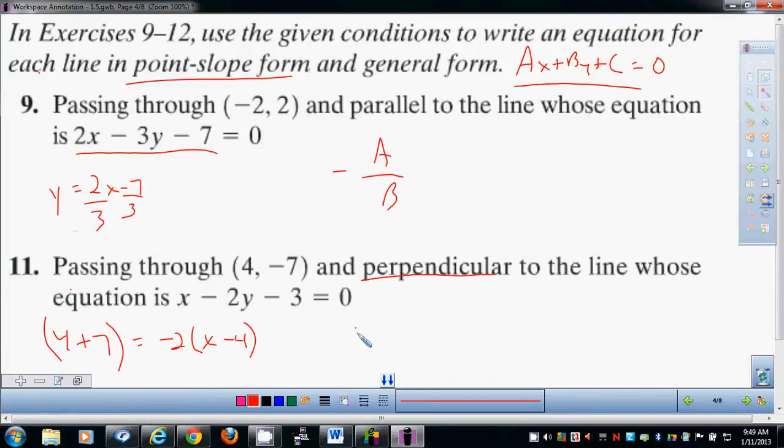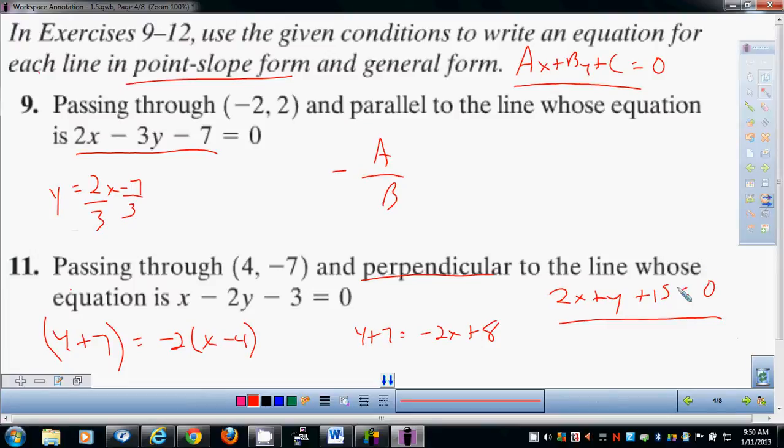So you've got y plus 7 equals negative 2x plus 8. Well, you know you need the number being multiplied by the x to be positive, so I would just let that dictate which one you move to which side. So let's move this stuff over, and that's going to be positive 2x plus y plus 15. And there's your general form.